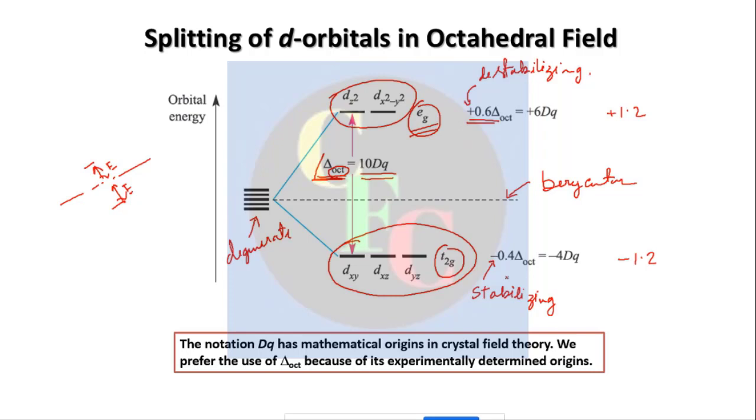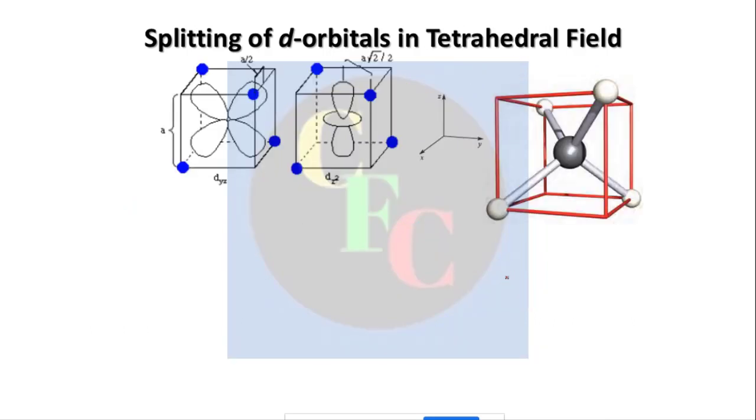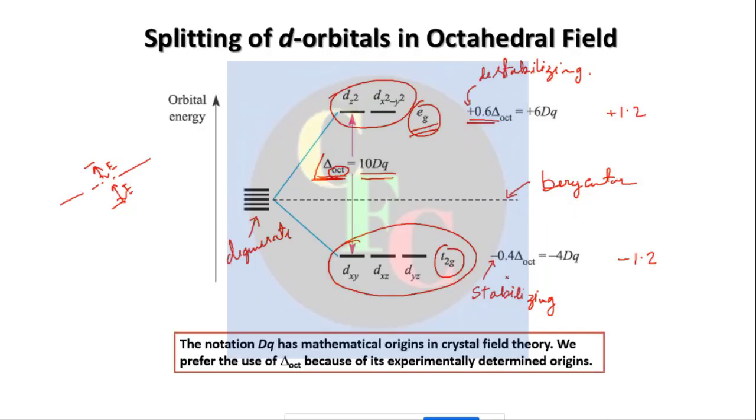But why we use that, we can get an idea, right? We'll come to this Eg and T2g, but before that we'll consider the tetrahedral crystal field first. But just remember for now that in case of octahedral field, the dxy, dyz, dzx are called T2g, and the upper two, that is dz square and dx square minus y square, are called Eg, right?